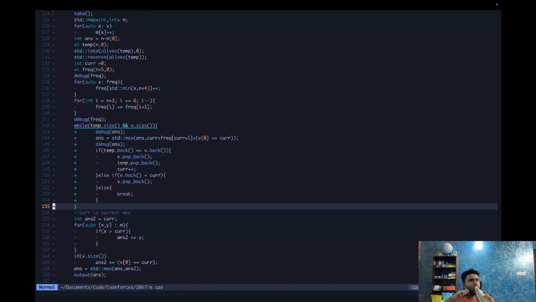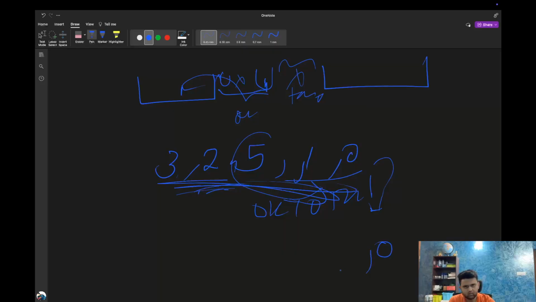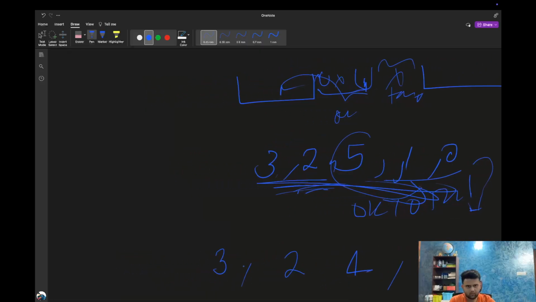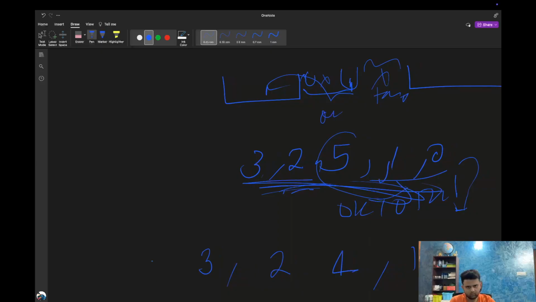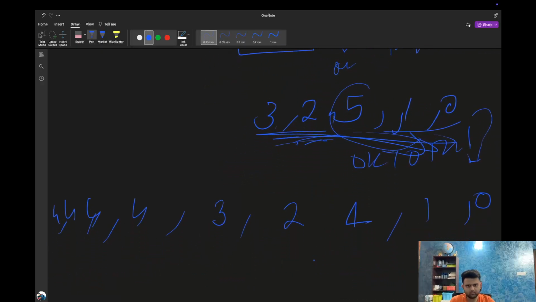So I know if I don't take it, what's the answer? Will skipping ever be better? My question is, if I have 0, 1, and you have a 2 and a 3, and this is a 4, and I just skip and take all 4s, so 4, 4, 4, 4, in this case what should I have done?